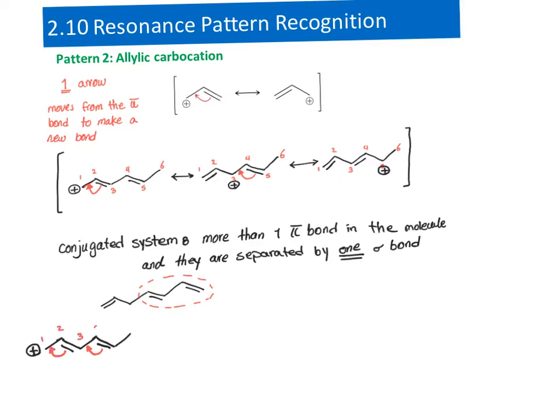Let me number the carbons to draw the last resonance structure. So I'm going to have a new pi bond between carbon 1 and 2, and a new pi bond between carbon 3 and 4, and now carbon 5 lacks the electron, so it becomes positive.